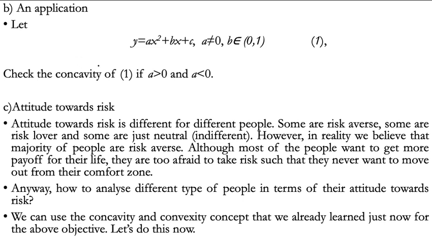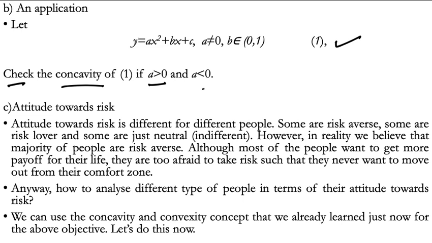Now, let's look at the application of the second derivative here. What I want you to do is, from this expression 1 here, check the concavity of 1 when the value of a, the coefficient here, the parameter here, is positive. And then you change the value of a to negative.